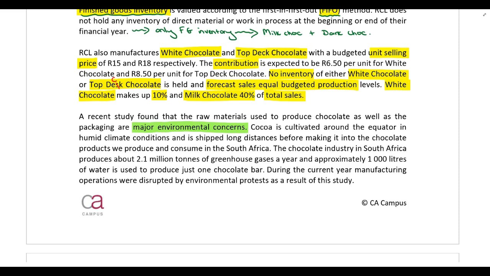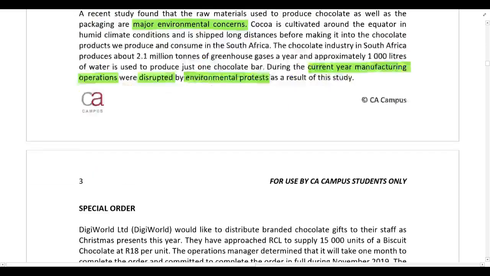The chocolate industry in South Africa produces about 2.1 million tons of greenhouse gases a year, and approximately 1,000 liters of water is used to produce just one chocolate bar. During the current year, manufacturing operations were disrupted by environmental protests as a result of this study. All right, so in that paragraph, we are just given a bit of information relating to the environmental concerns surrounding the production of chocolate.